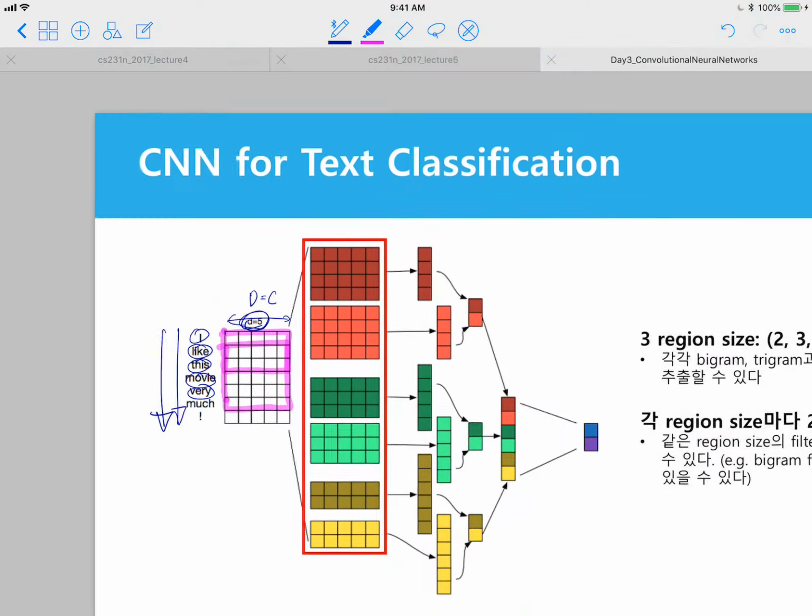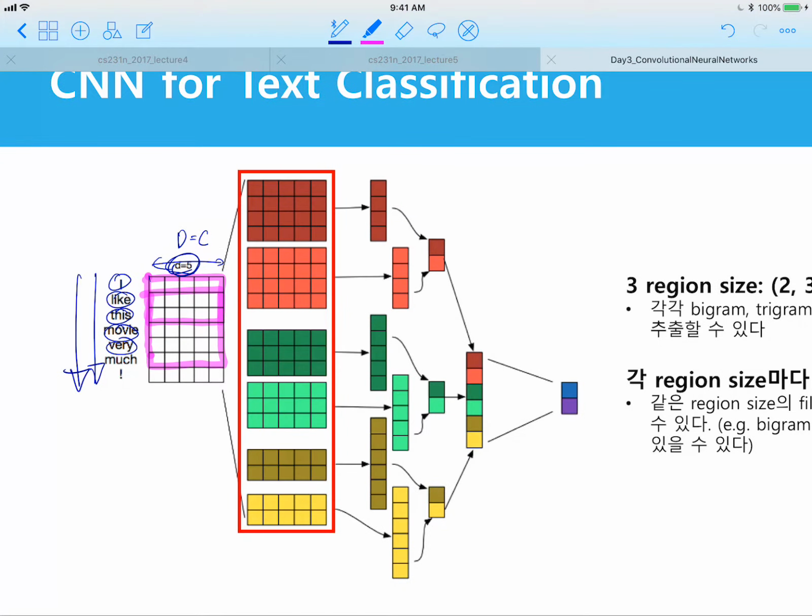And then we can define our filters having these variable lengths, 2 and 3 and 4 and so on. And then without using any paddings, we can obtain different activation maps. Different lengths of activation maps.